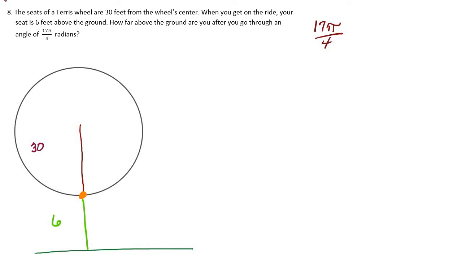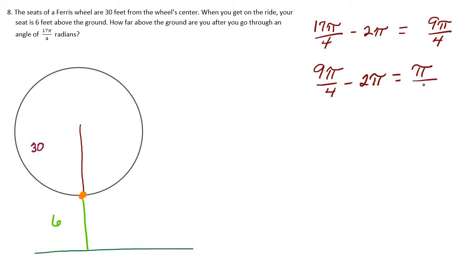Now I need to figure out exactly where on this circle that angle is. I know that that's more than one full turn, so I'm going to subtract off 2 pi. Now that's still more than one full rotation, more than 2 pi, so I need to subtract off 2 pi again, and that gives me pi over 4.